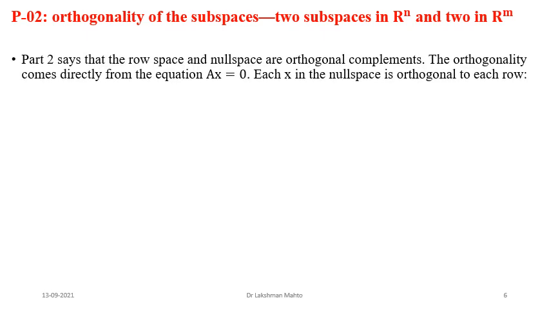So that one was the pictorial version. Part 2 says that row space and null space are orthogonal complements. There are two words here. One word is orthogonal, another word is complement. Complement is very interesting in the sense that some subspaces might be orthogonal to each other, but may not be complements of each other.